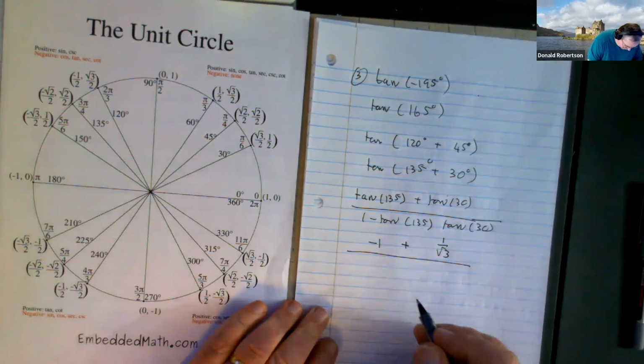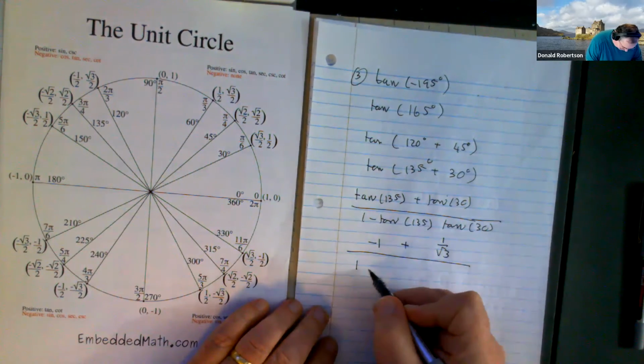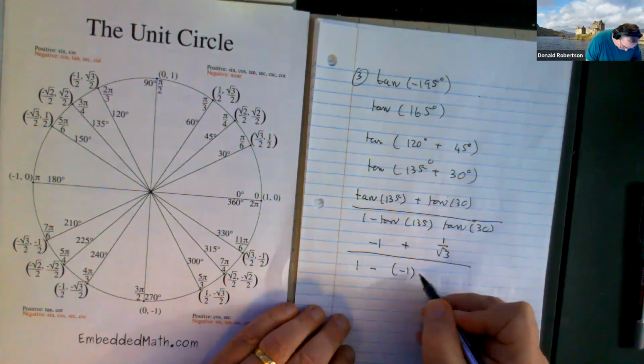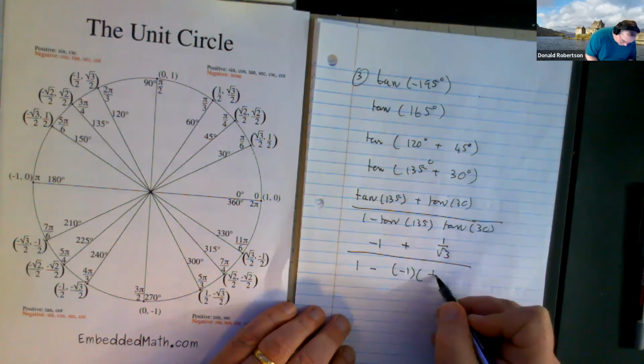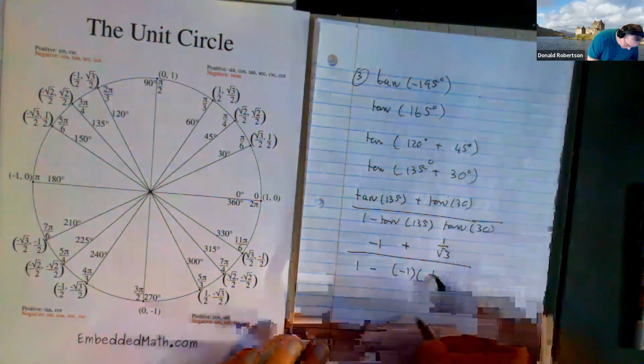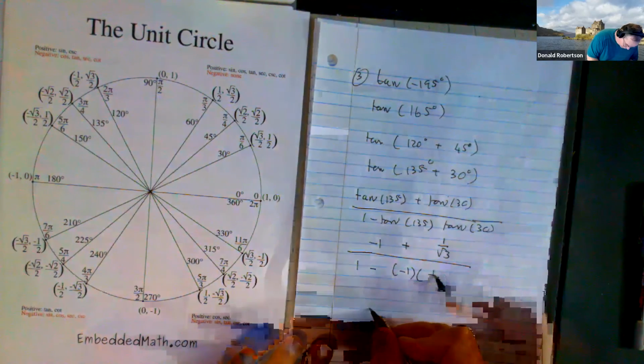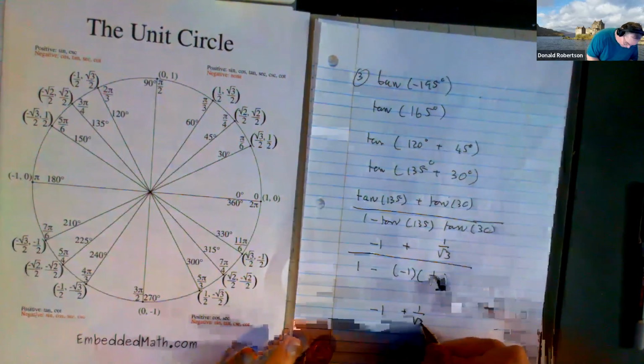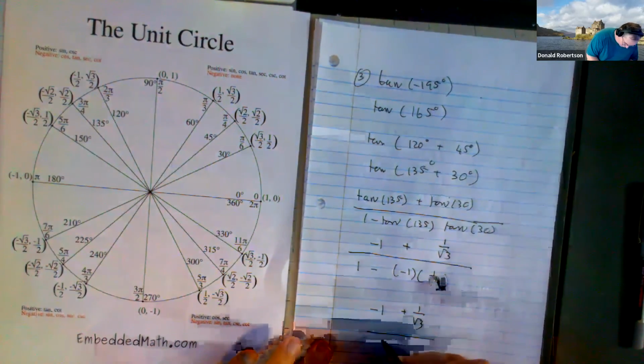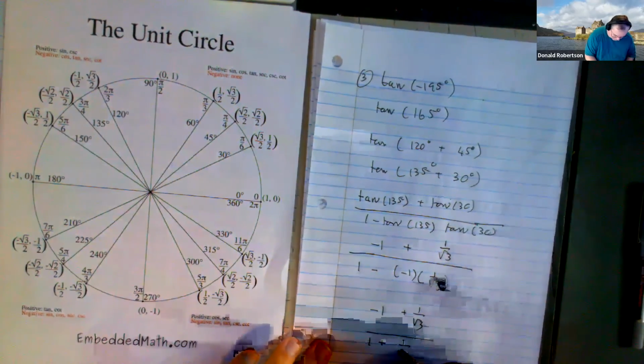Then you have 1 take away the tan of 135, which is -1, and this guy is 1/√3. So it looks like I'm going to have -1 plus 1/√3, and on the bottom, 1 plus 1/√3. Did you get something that looks like that?